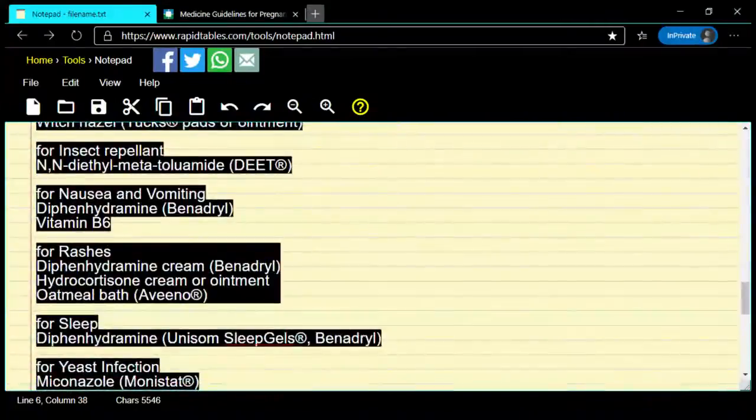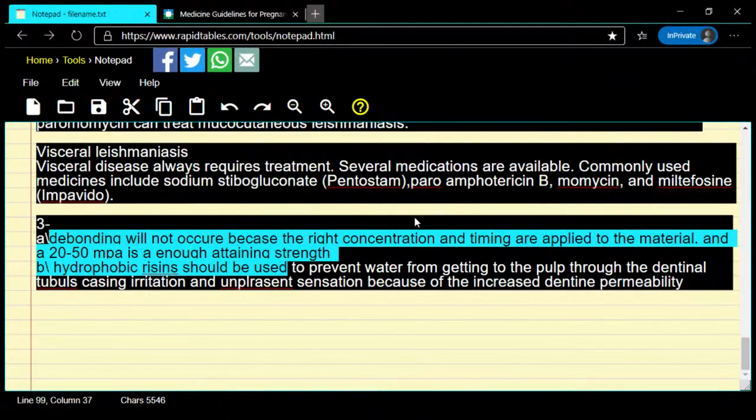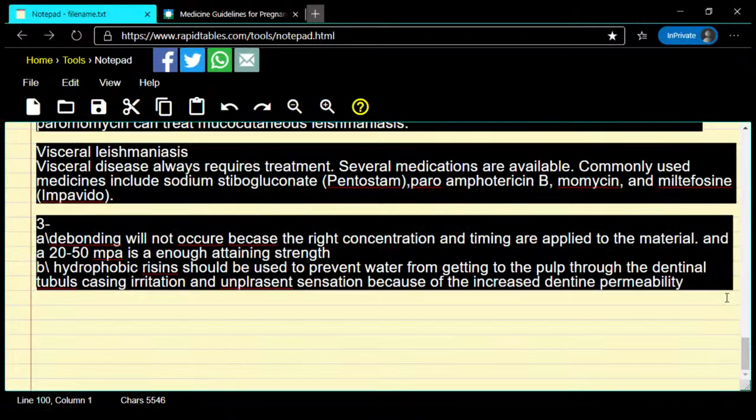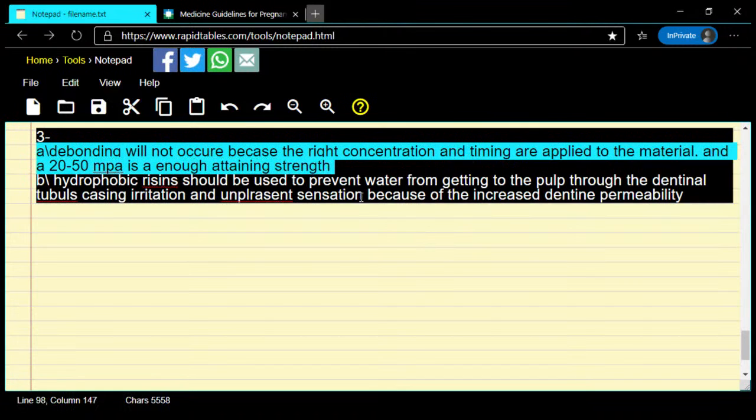We can say that if it's a very strong debonding force, then it might occur. But if it's a weak one, it might not. It will not occur because the right concentration is applied to the material under 20 to 50 MPa, etc.